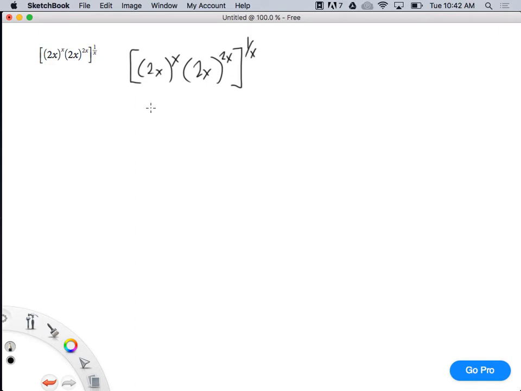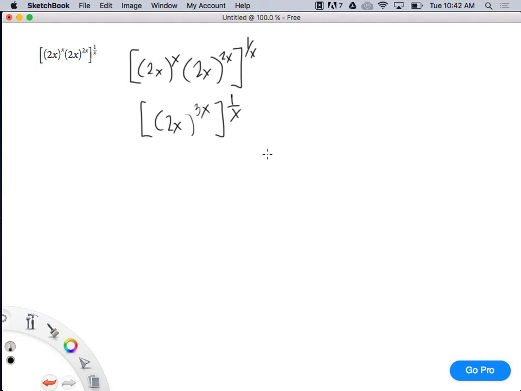So I can just combine them, right, into 2x to the x. What do I do? I add them. So 2x to the 3x power, all raised to the 1 over x.